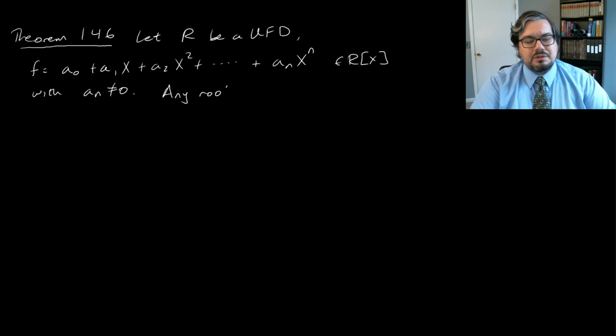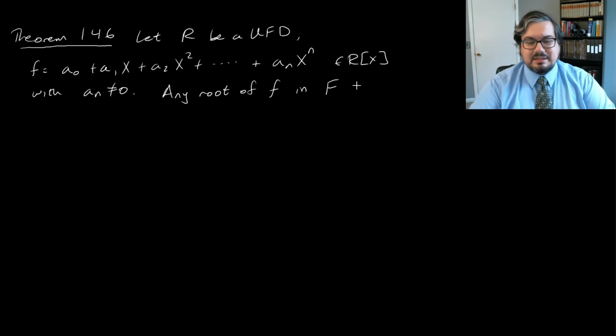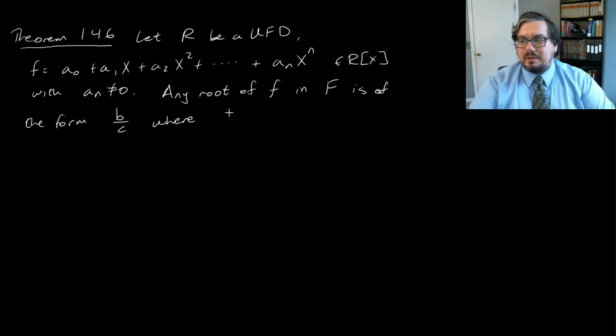Any root of the polynomial f in the field of fractions F, which has the same meaning as in the last theorem, is of the form b over c, where b and c belong to the ring R, and b divides a0 and c divides an.